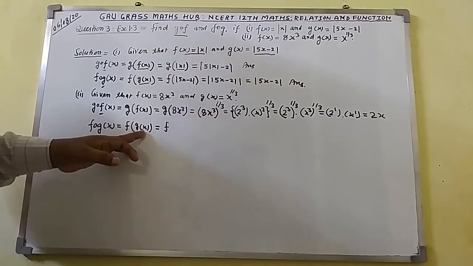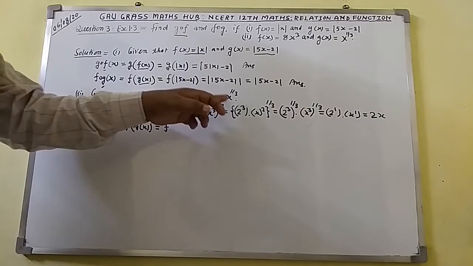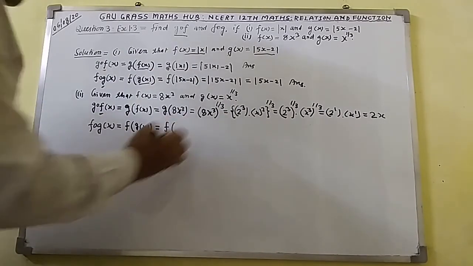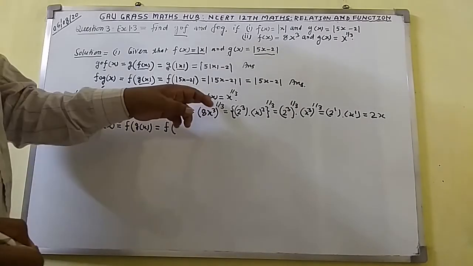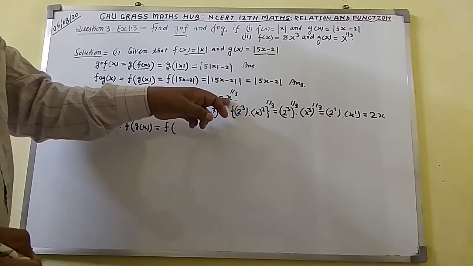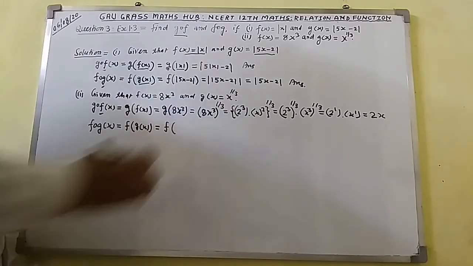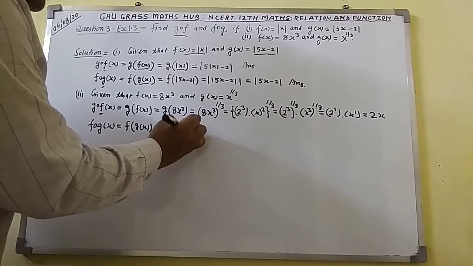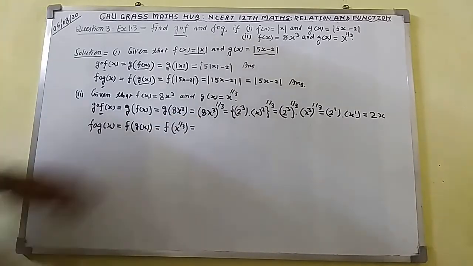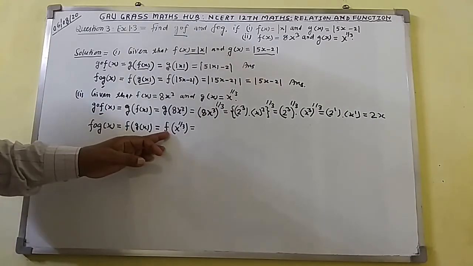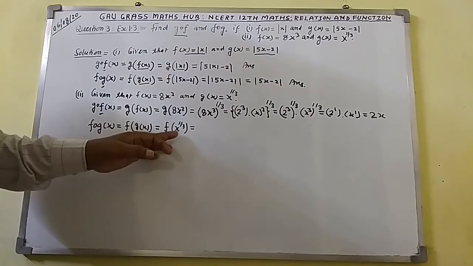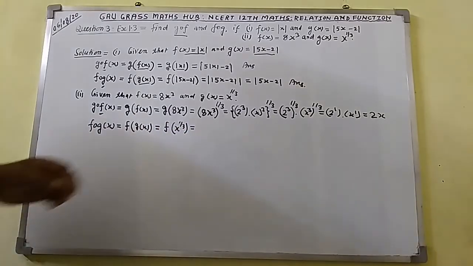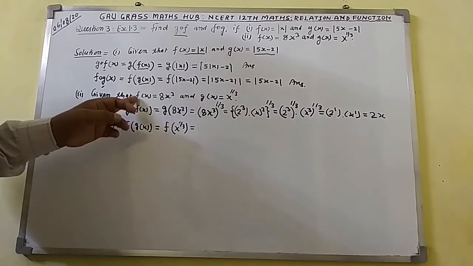In place of g(x), we shall write this one. So here I can write in small bracket, in place of g(x), this x raised to power 1/3 will be written here equal to f in bracket x raised to power 1/3 bracket close is there. So here you can see f(x).